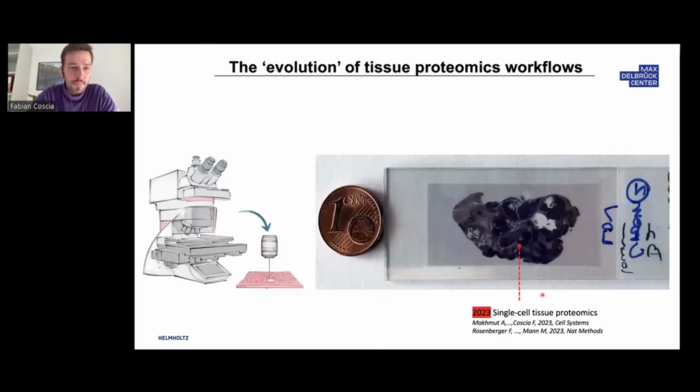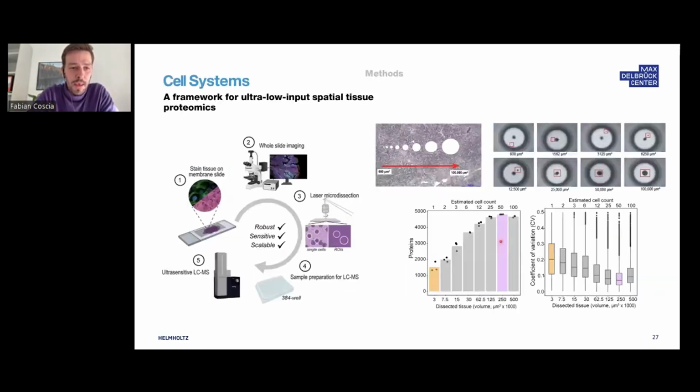level. Now, for the last part of my presentation, I will also talk a bit about our work on single cell tissue proteomics, where we further improve the workflow to really get true single cell sensitivity in the context of FFPE and archival biobank samples.